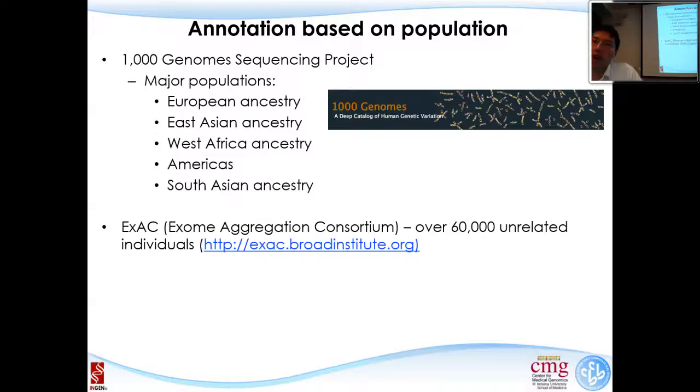Again, the rationale behind that is, if one variant is causing a certain disease, that variant is not supposed to occur at a very high allele frequency in the general population. And I have repeatedly said that we need to be very careful. It depends on the disease to be used.